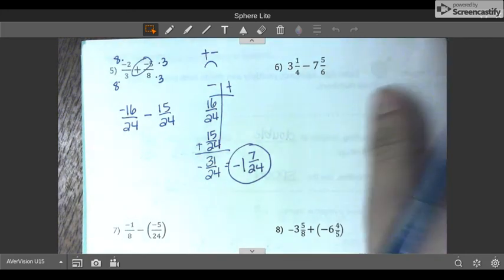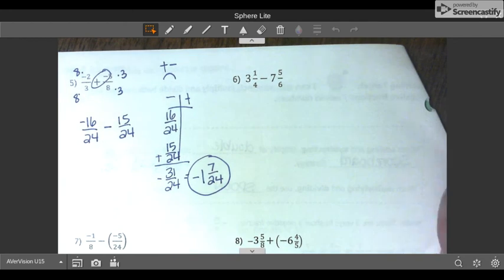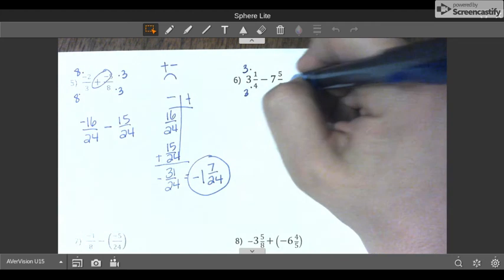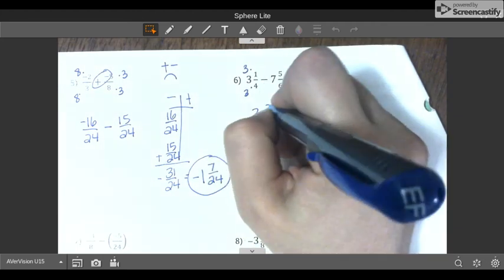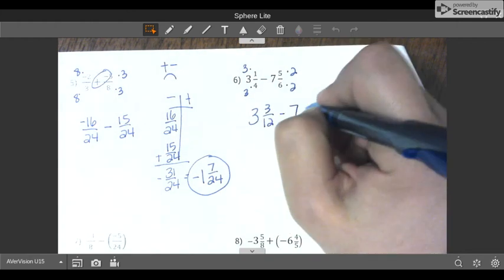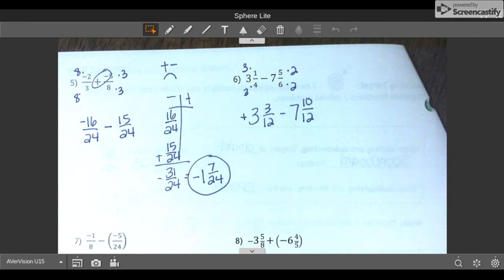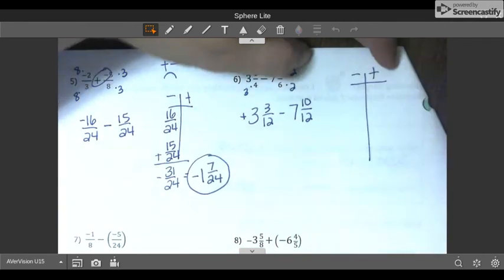All right, next one. We have two mixed numbers. There's no common denominator yet. So I'm going to make these have a common denominator of 12. So now I have 3 and 3/12 minus 7 and 10/12. Now that they have a common denominator and there's no double signs, I can make a scoreboard.